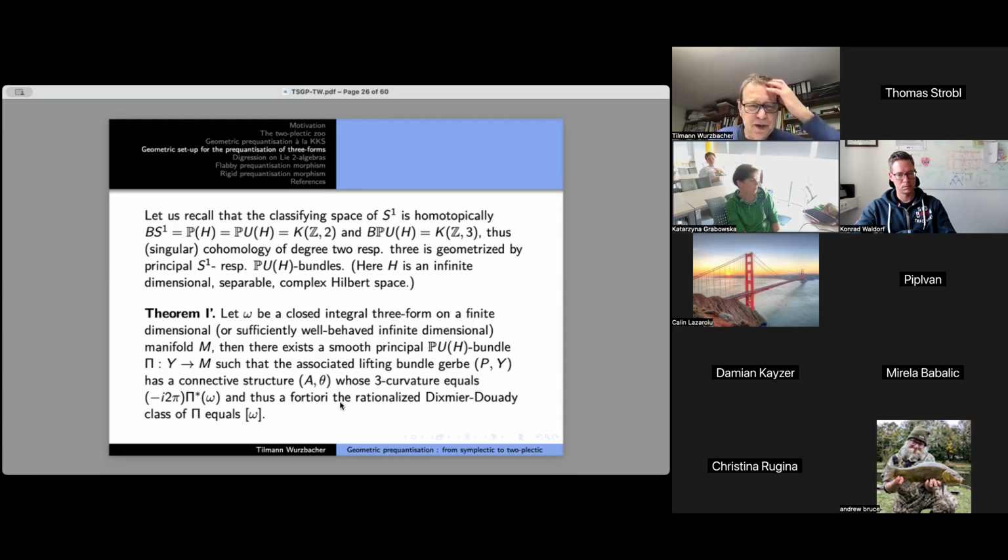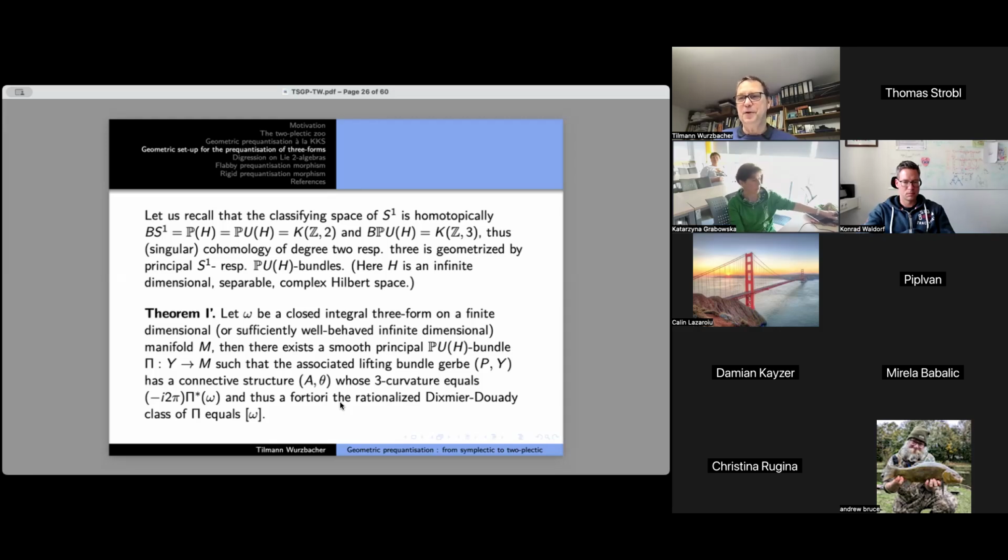So what did I want to say? So it's again rationalized, and this is a pity in a certain sense, because if you have an integral 3 cohomology class on M which is torsion, so n times the class is 0, if you write it additively, then the associated PUH bundle has a finite dimensional H in the PH bundle.